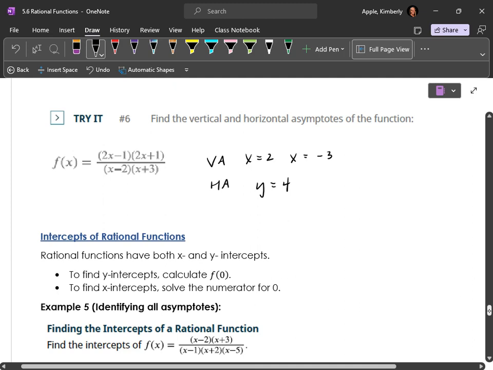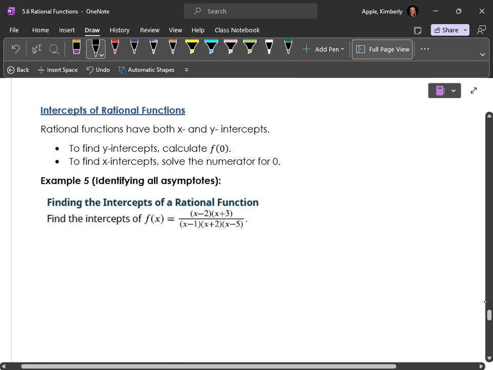And then finally, the intercepts of a rational function. So as always, if we're looking for y-intercepts, we just want to calculate f of 0. And the different part is that if we're looking for x-intercepts, we want to find where the function is equal to 0. And so that's just going to be wherever the numerator is equal to 0. So for the y-intercepts, I'll find f of 0.